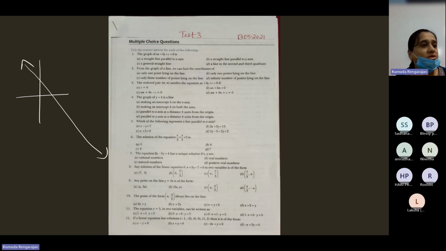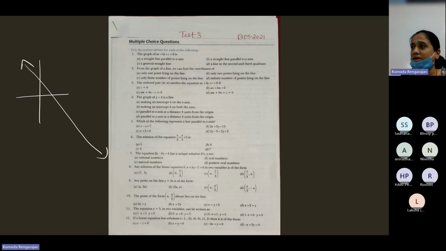A linear equation in two variables x and y has infinitely many solutions. That's why when you represent it graphically, we get a straight line, and a straight line has infinitely many points lying on it.